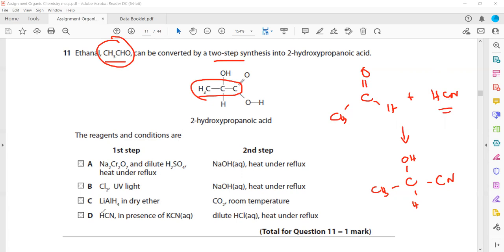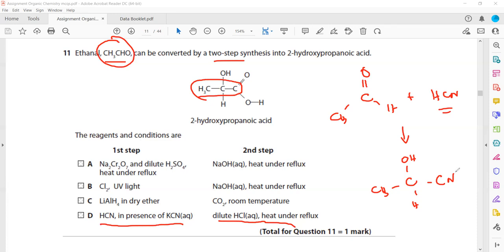So option D, you can see we are reacting with HCN, and at the last we react with dilute hydrochloric acid or aqueous hydrochloric acid, which is known as hydrolysis. It can be acid hydrolysis, it can be base hydrolysis. We can do this in the presence of acid, or in the presence of alkali it can also be done.